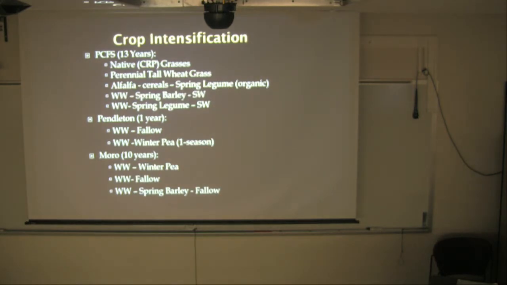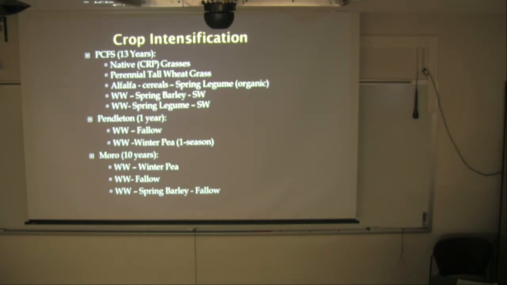And then the cropping intensification comparisons are present at 3 of the sites. PCFS, with 13 years of management history, has 2 perennial rotations, an organic rotation, which includes alfalfa, spring cereals, and a spring legume, and then a winter wheat spring rotation with either spring barley or spring legume.